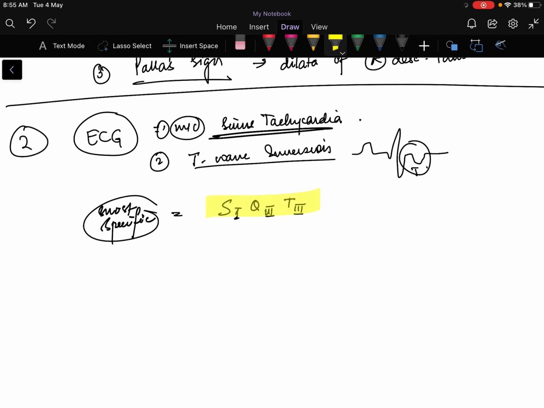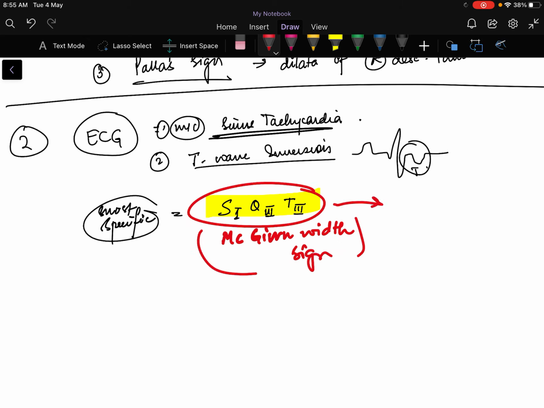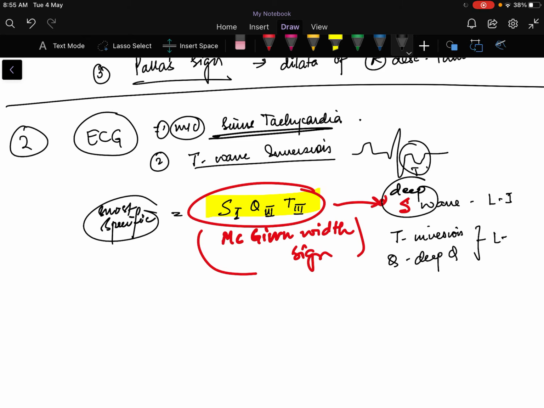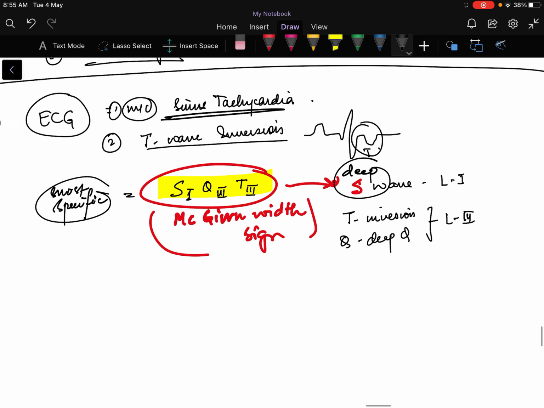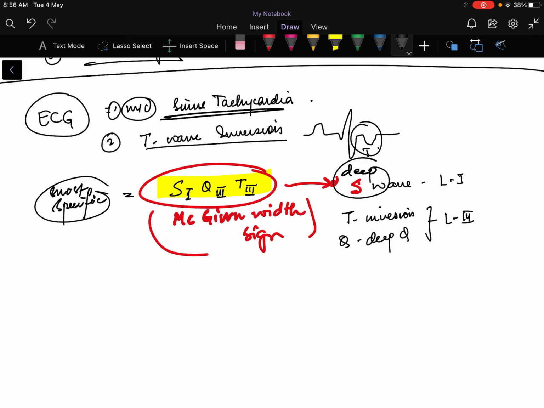What is that? This is the McGinn-White sign. What's that? There is a deep S wave in lead 1, T wave inversion, and deep Q in lead 3, and T wave inversion. These are the most specific features.